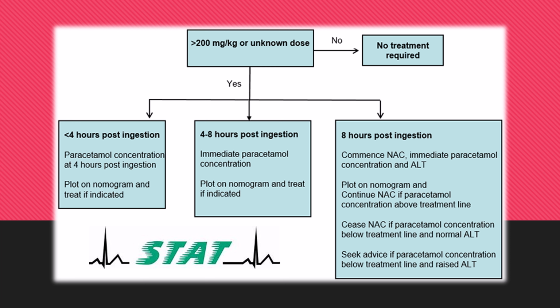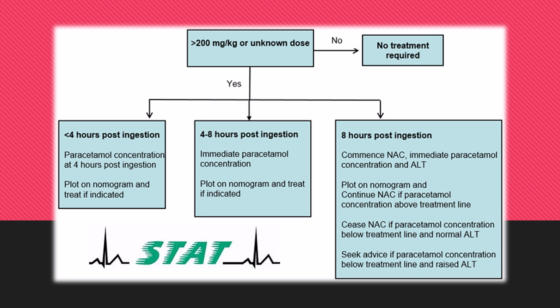As we have seen, the treatment line in the right context is valuable in deciding whether treatment is needed. However, there are circumstances where NAC should be started immediately without blood test results. For example, if a single ingestion has occurred more than 15 hours ago, start immediately.